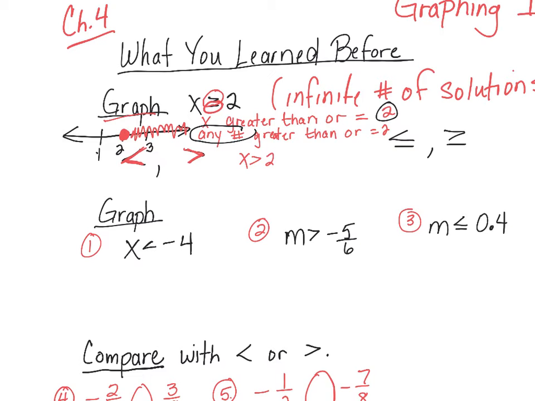No. So here, if it does not have the equal sign under it, we put an open circle around that number given to you. So if it was x is greater than 2, I would have 2 here, 3, 1, and I put an open circle around 2, and I shade everything that's greater, which is to the right.